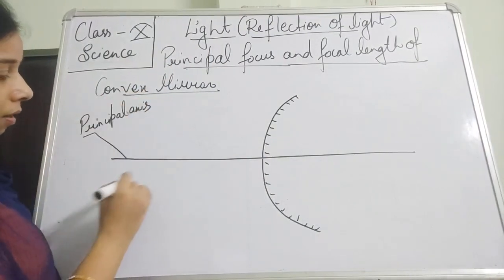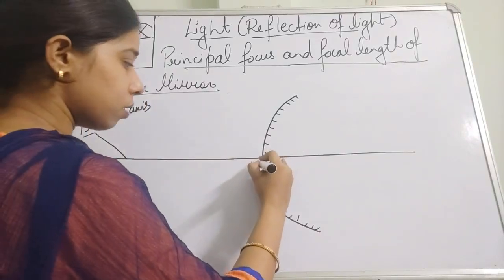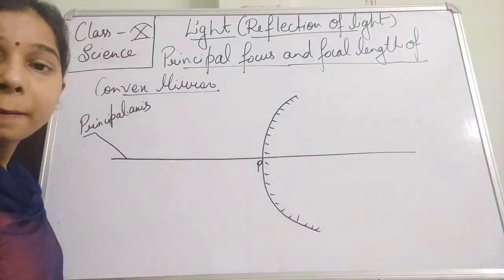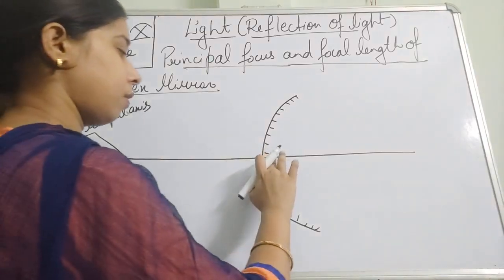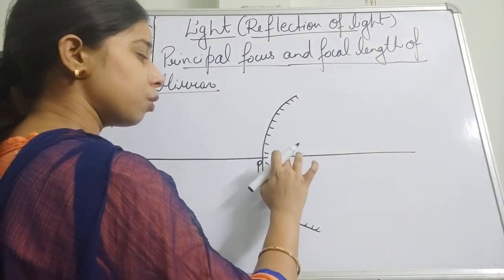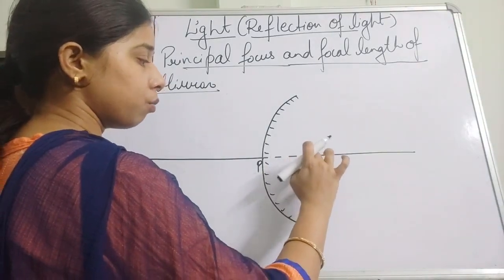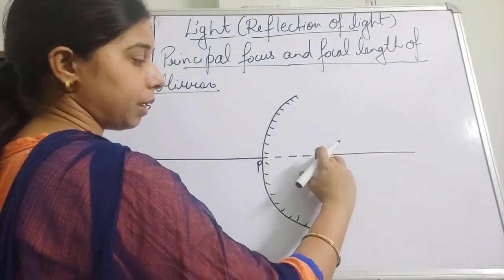This is the pole, which is represented by P. Here the principal axis, you know, does not pass through behind the mirror.